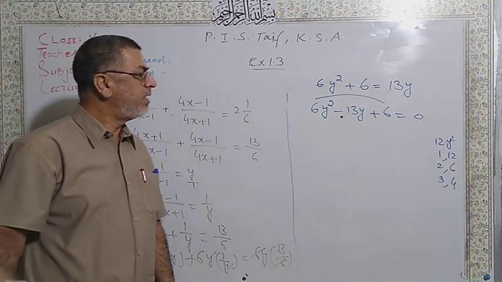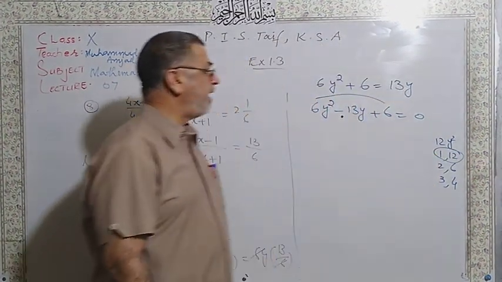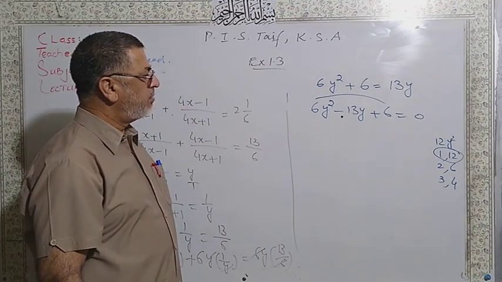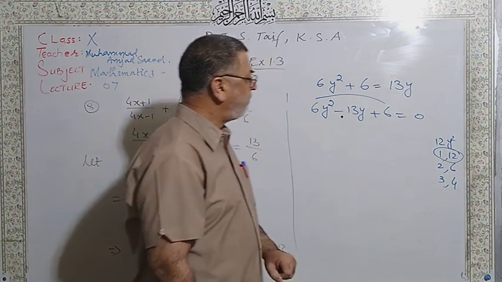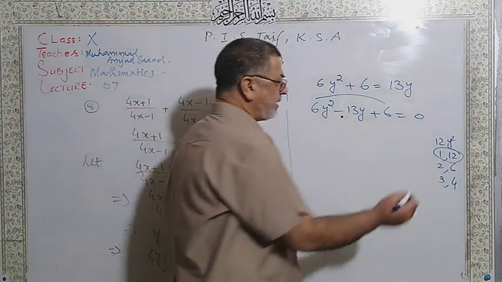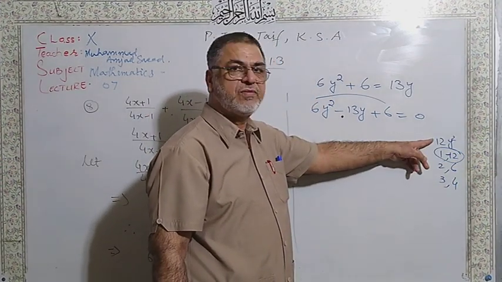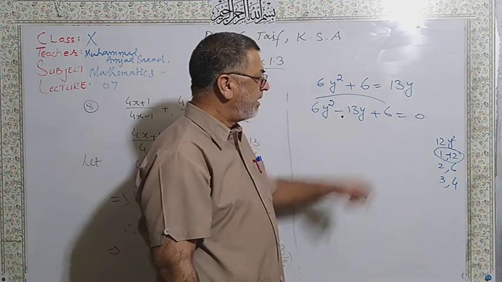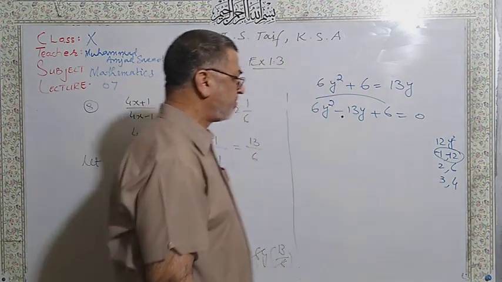So clearly your suitable pair is 1 and 12. But remember that the bigger component will have the sign from the center. After multiplying it must be plus 12, so you must have minus 1 also.